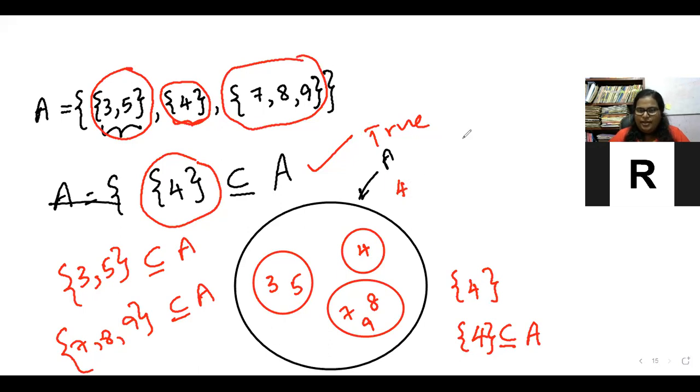So one curly bracket is enough, right? So this statement is true. It is a subset of A. You can understand this well from a Venn diagram. So these are the 3 subsets inside this set A.